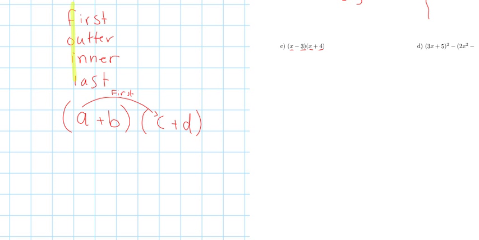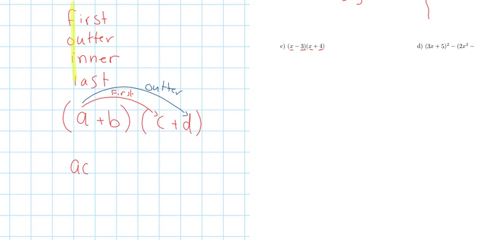Then you're going to look at your outer letters. Which two letters are your outer letters? From the outside, A and D. So these are your outer letters, and you're going to multiply A times D. What's A times D?